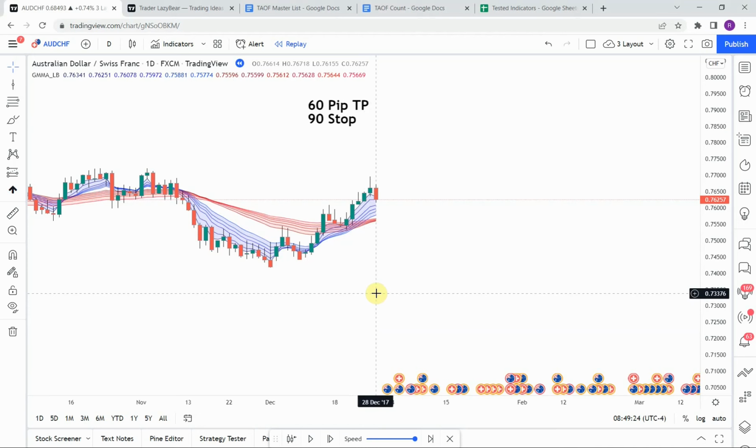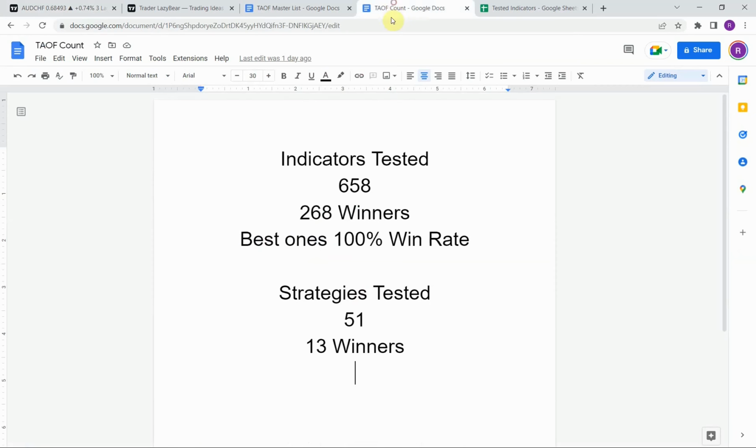Alright, as I said, today we will be testing the Guppy multiple moving average. Before we do though, I wanted to put the testing scoreboard up for everyone to see. So to date, we have tested a total of 51 different strategies, with 13 of them being profitable. We have also tested a total of 658 indicators, with 268 of them being winners.